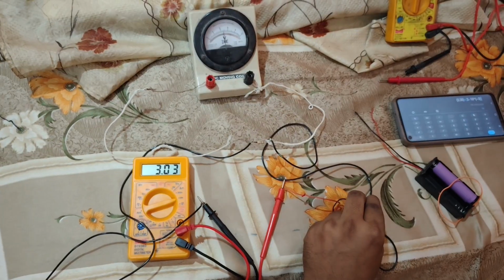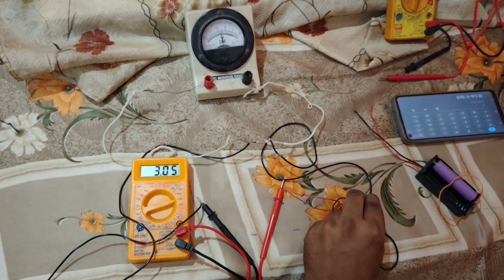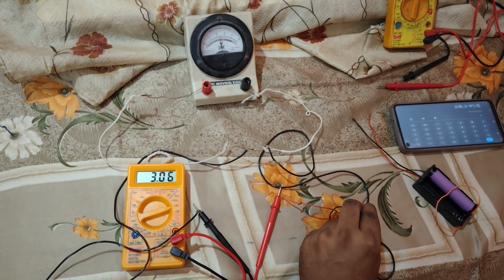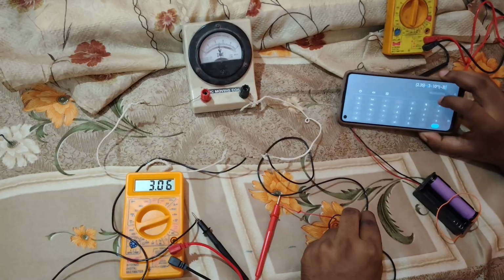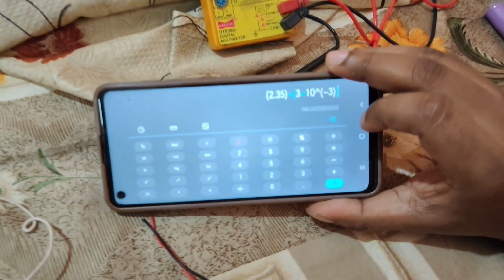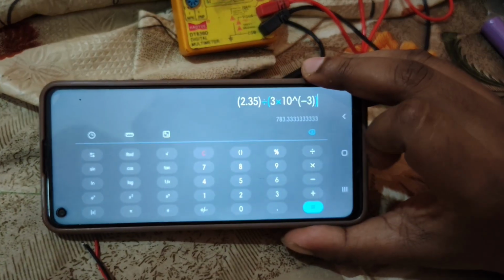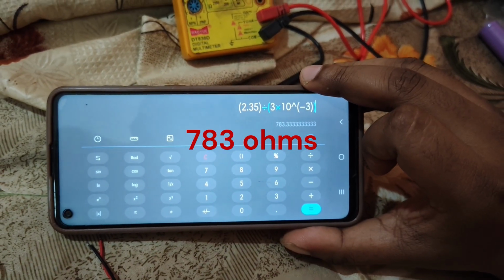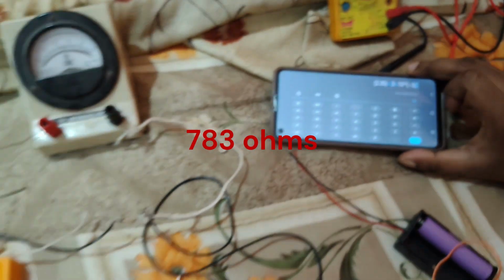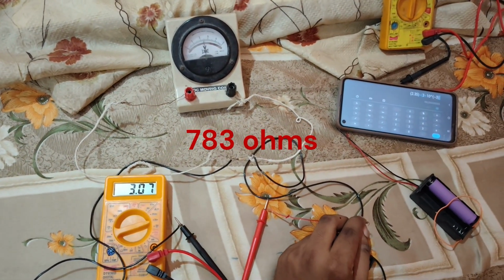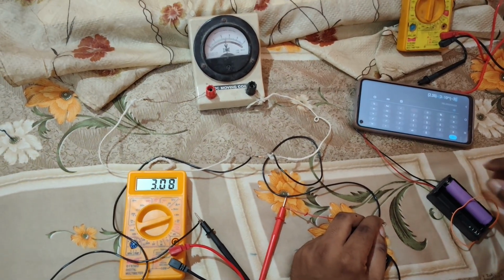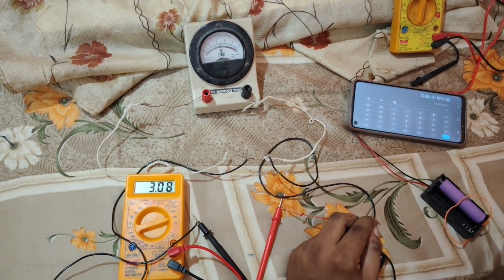So from Ohm's law, the ratio of the voltage to the current gives us the resistance. So here we have to calculate 2.35 divided by 3 times 10 to the power minus 3, and it gives around 783 ohms. Okay, now we don't have a rheostat right now, so we have to manipulate the voltage with a different battery.